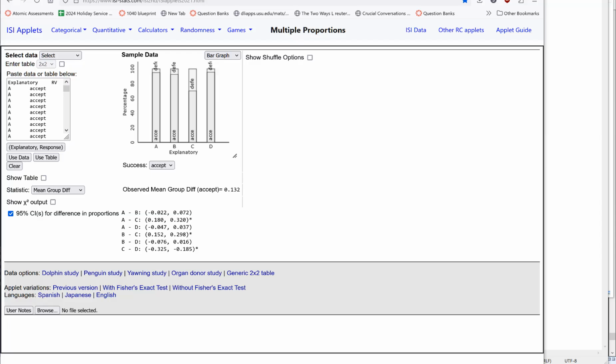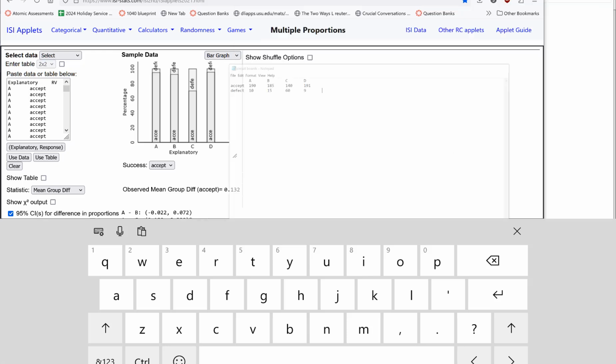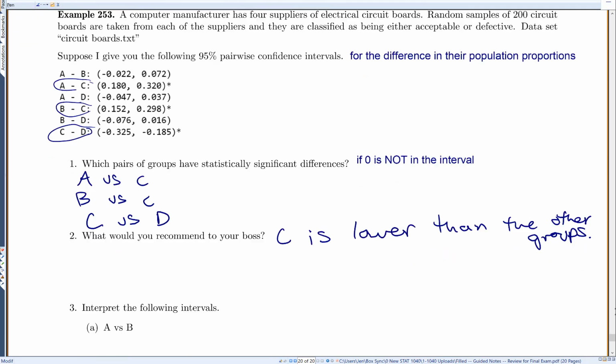Looking at it, you can see that C seems lower than all of the other groups. Does that make sense? Each of these intervals that was statistically significant included a C. So C is lower than the other groups, and C is probably the one that we want to get rid of. The rest of them probably don't matter, but C is lower than all the rest.